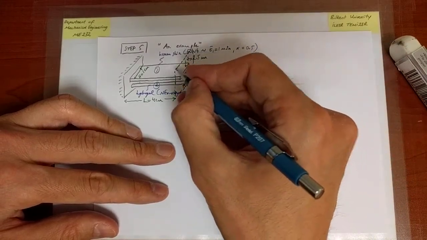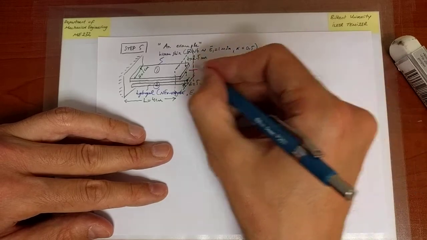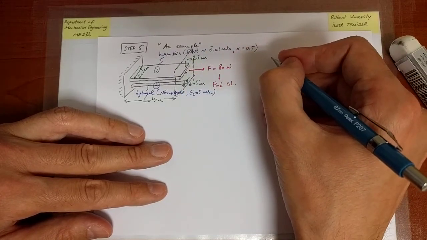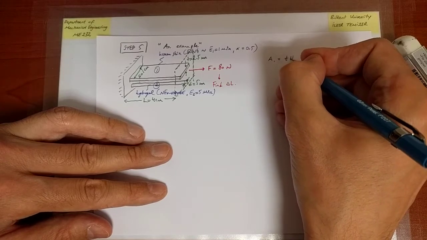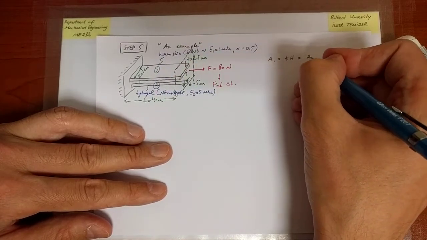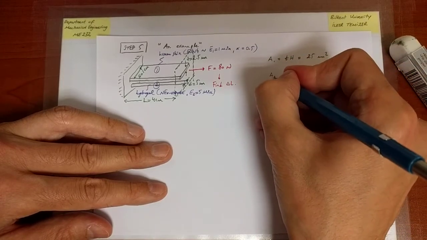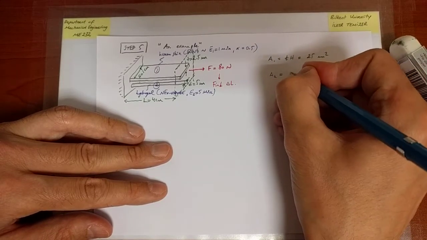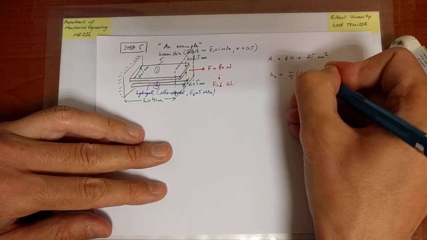Let me go ahead and quickly evaluate the areas associated with these biological structures. First of all, we have the first area, which is thickness times h, which is 25 millimeters squared. And then there is A2, which is pi over 4, 5 millimeters squared.